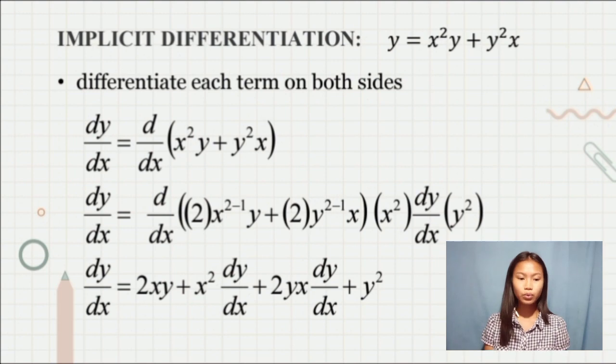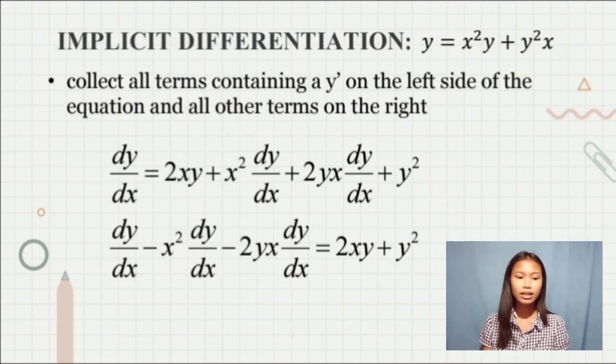So bring down the 2, which is 2x, and minus 1, 2x to the 2 minus 1, plus, similar to the first one, 2 minus 1, and so we will be applying the chain rule, which is x squared, dy over dx, then y squared. So for simplifying it, the answer will be 2xy plus x squared dy over dx plus 2yx dy over dx plus y squared.